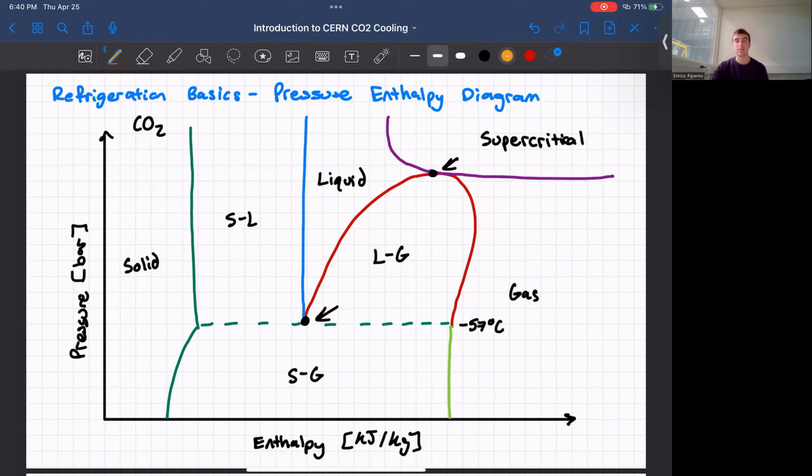We can also sketch some isothermals on this graph, where the temperature is constant. So here we have, for example, the 25 degrees Celsius isothermal. And here I can sketch the -40 degrees Celsius isothermal.